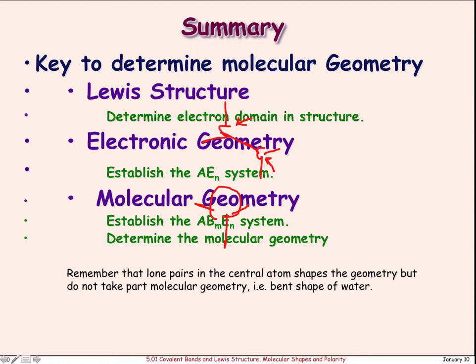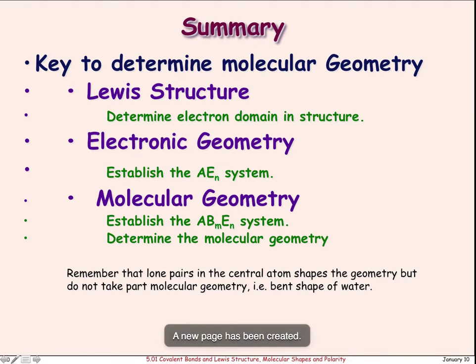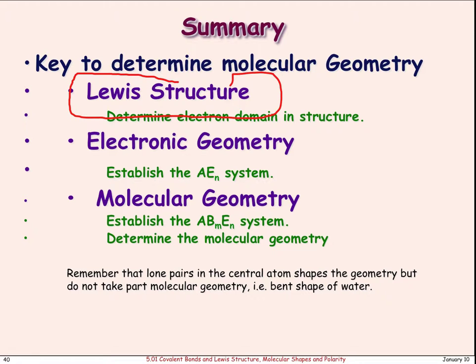So in summary, we can determine the electronic geometry of a chemical. From the electronic geometry, we can determine its molecular geometry using that VSEPR table. But it all comes from the Lewis structure. If we can't draw the Lewis structure correctly, we're not going to be able to count the spokes on the central atom, and we won't be able to get the electronic geometry, which won't give us the molecular geometry.